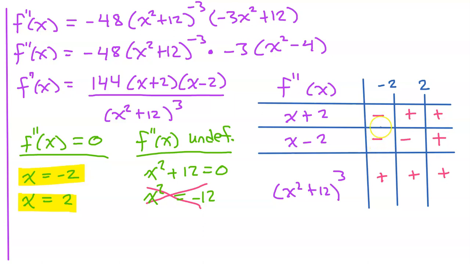If we have an even number of negatives, that's going to give us a positive overall value for f double prime. We have a single negative factor for the middle column, so the overall value of f double prime will be negative. In the third column, it's all positive, so f double prime will be positive. Remember the relationships.